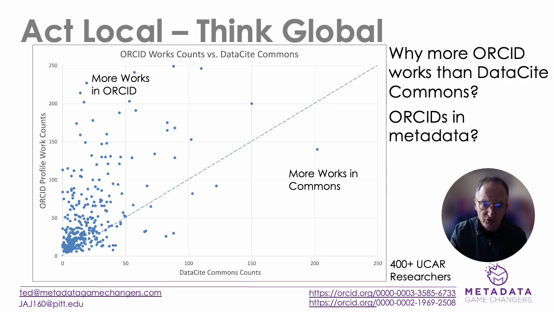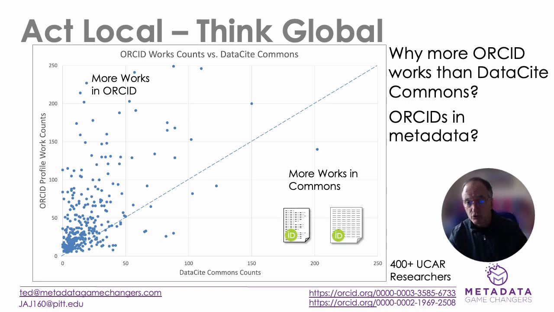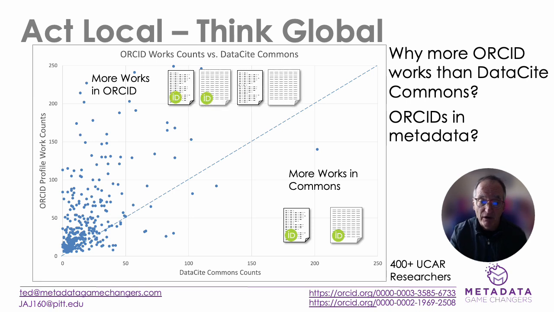But we think that it has to do with ORCIDs being in the metadata. In order for things to get into Commons, Commons uses those ORCIDs to make connections between things. Remember, it's a tool that sits on top of the PID graph, so PIDs must be in the PID graph in order for Commons to find them, whereas items can be added to ORCID profiles by researchers without having the ORCID in the metadata for the thing.